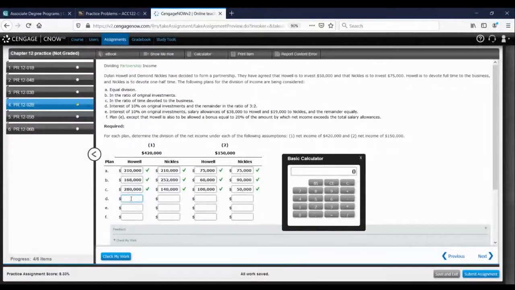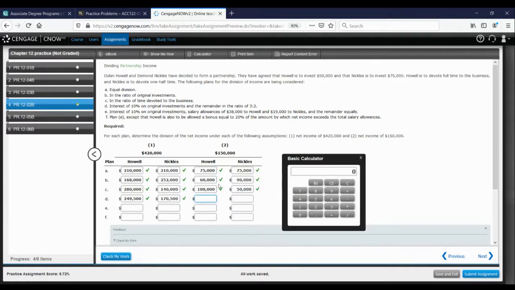So for Part D, from our spreadsheet, we got 249,500 for Hal and 170,500 for Nichols.